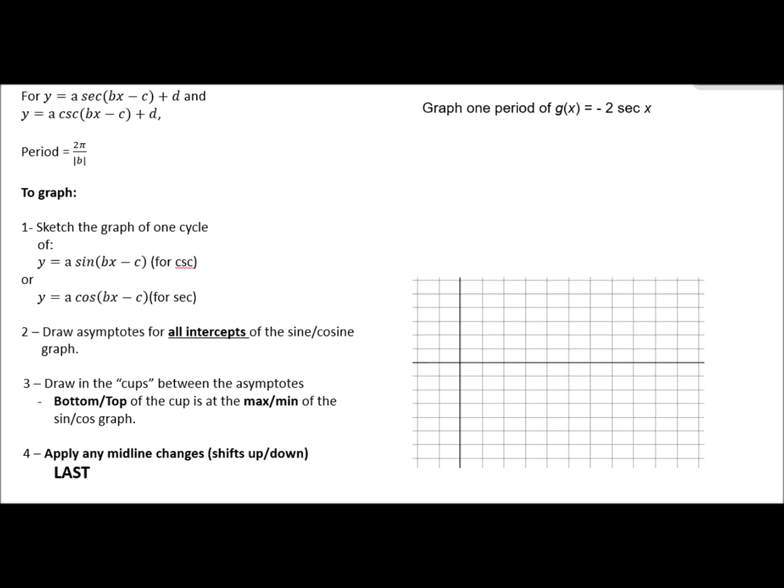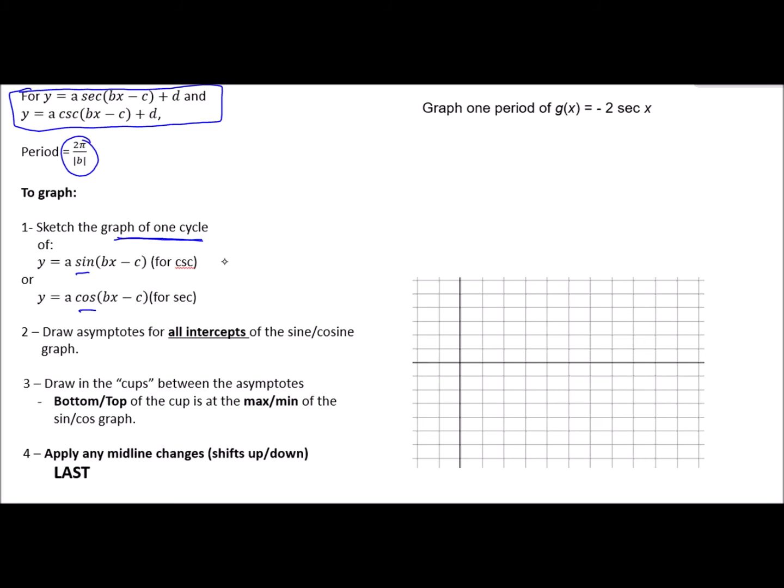Okay, so using that idea, here's what we're going to do. In order to graph secant or cosecant, your period is still 2 pi over b. You're going to start with sketching one cycle of either sine or cosine. Sine for cosecant, cosine for secant.